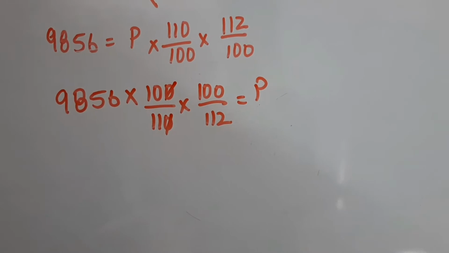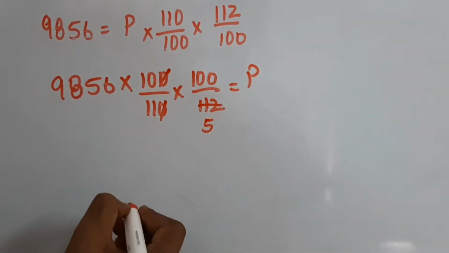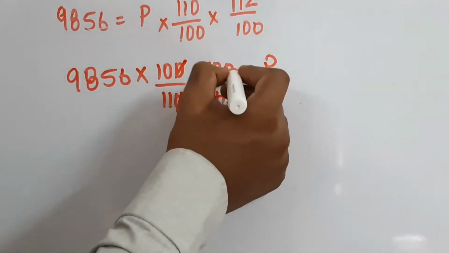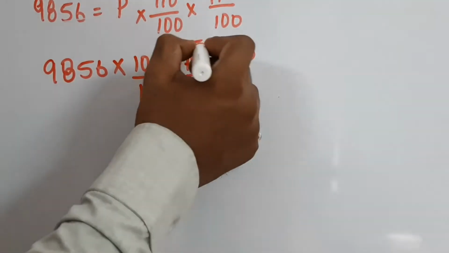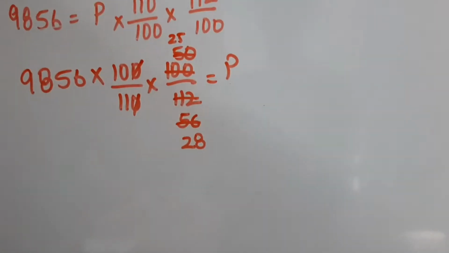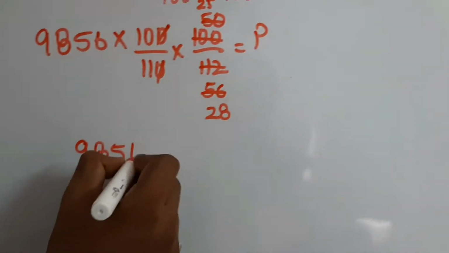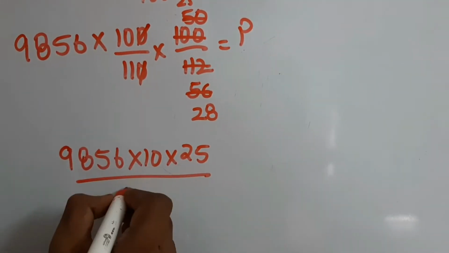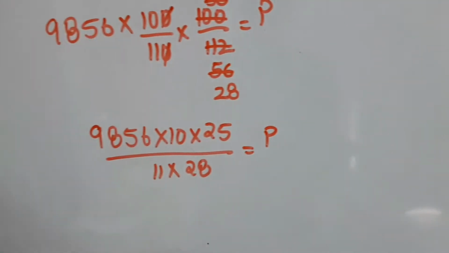Here, 2 5s are 10, 2 6s are 12, 2 50s are 100, 2 28s are 56, 2 25s are 50. So what is left, students? 9856 into 10 into 25 by 11 into 28 is equal to P.